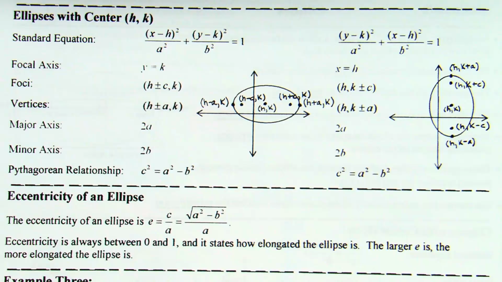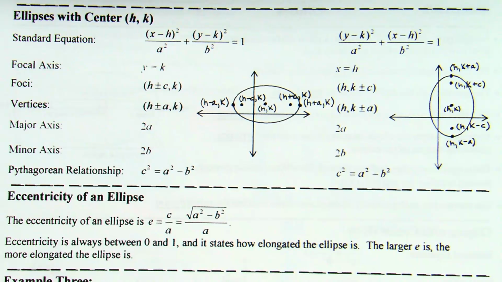I'm going to flip to the next page and start talking about it here. What's the difference on the chart we're going to look at on this page? Instead of being centered at 0, 0, these ellipses are centered at wherever, (h, k). So a lot of stuff is the same as the front page, except you have an H or a K mixed in. Okay, standard equation.